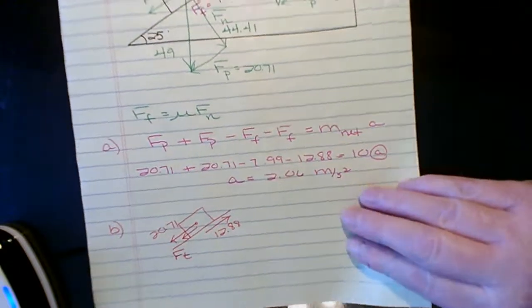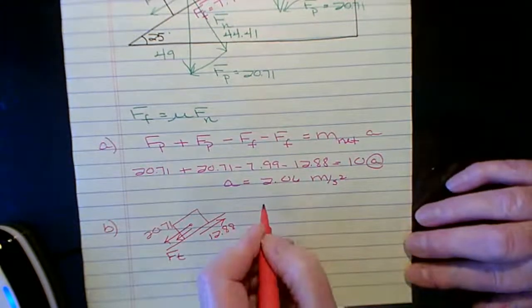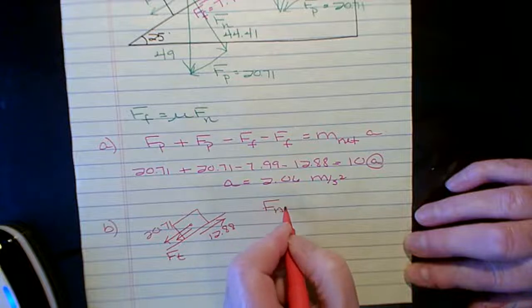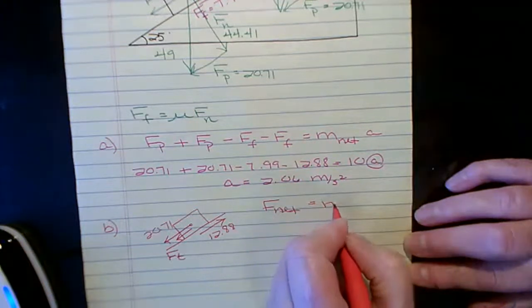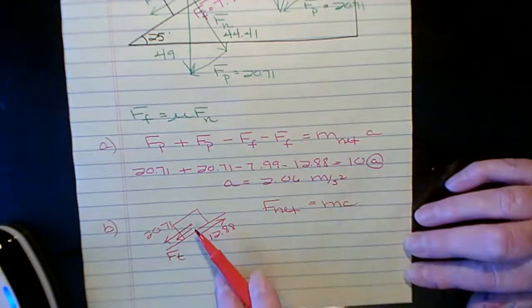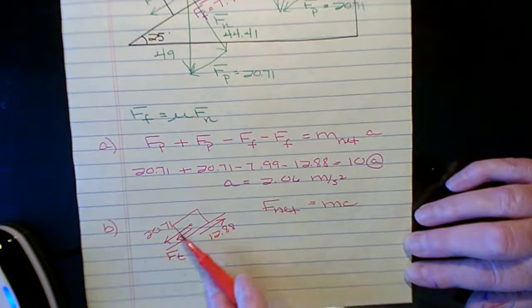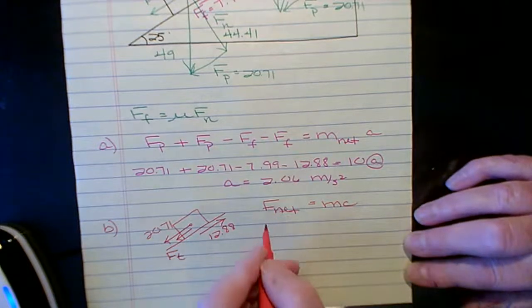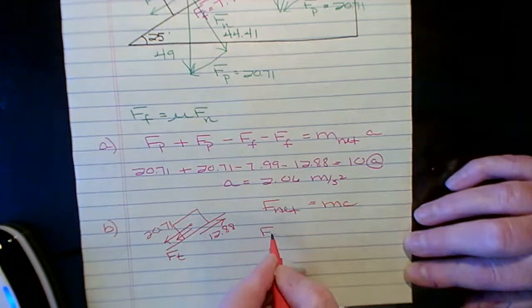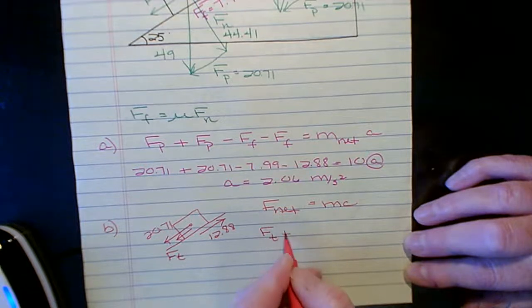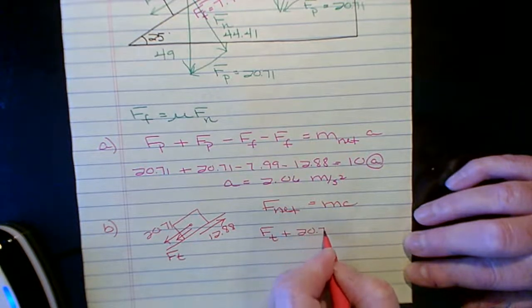So when I do F net equals MA, I know since the system is going down that the sum of these arrows has to be bigger than this. So that's going to be FT plus 20.71.